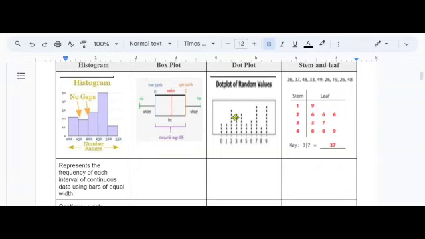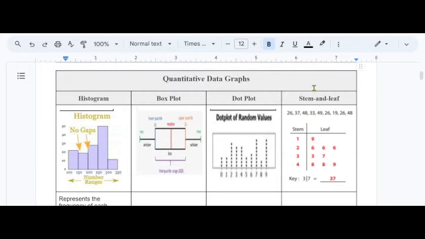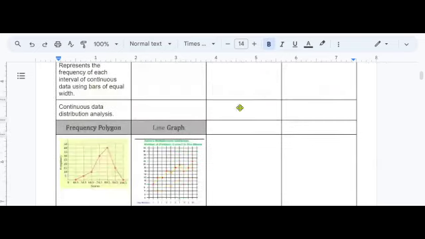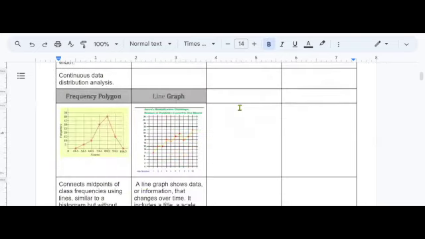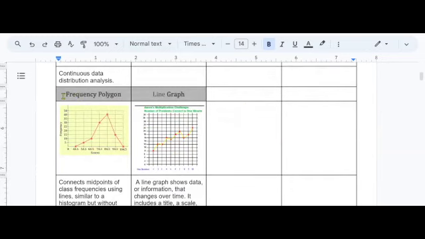I think previously, in one class, we covered dot plot. And we have stem and leaf. Those are under what? Quantitative data graphs. What else can we use? We can use something called frequency polygon. And we can use what? Line graph. And also there is a point graph as well.